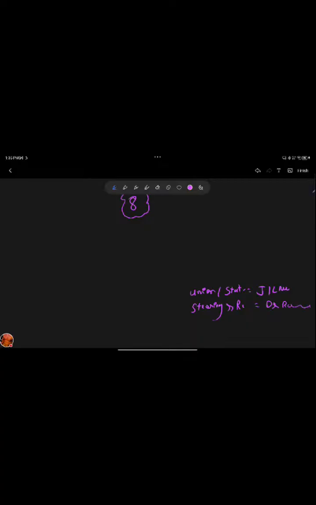First of all, you should remember that the Union and State committee was given to Jawaharlal Nehru. Then the steering and rules of procedure committee was Dr. Rajendra Prasad.